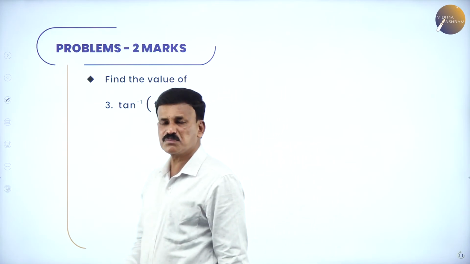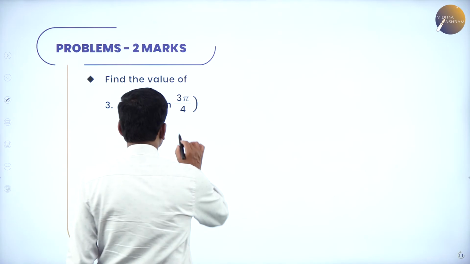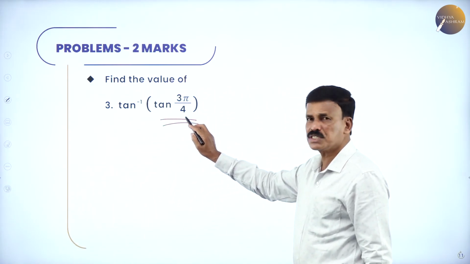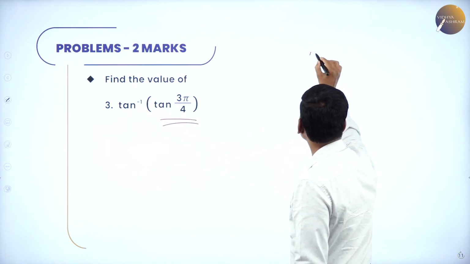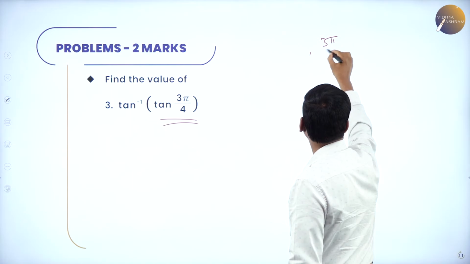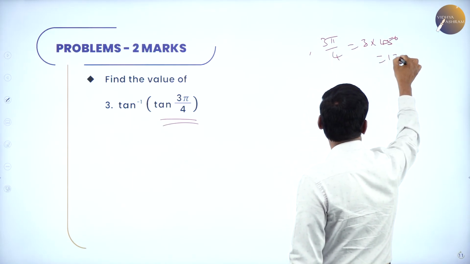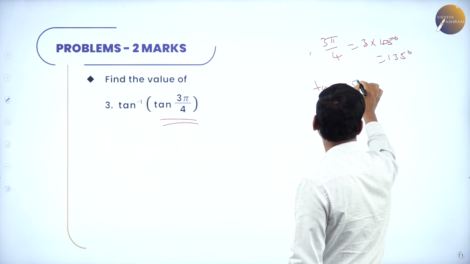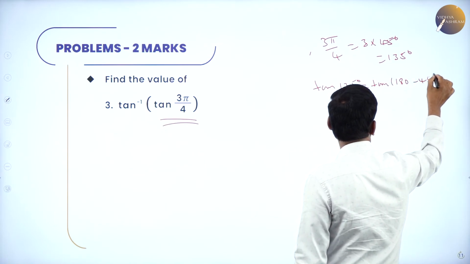Now let us come to this problem. Tan inverse of tan 3 pi by 4. Let us convert this tan 3 pi by 4. What is 3 pi by 4? Pi by 4 is 45 degrees, into 3 is 135 degrees. Tan of 135 degrees can be written as tan of 180 minus 45.